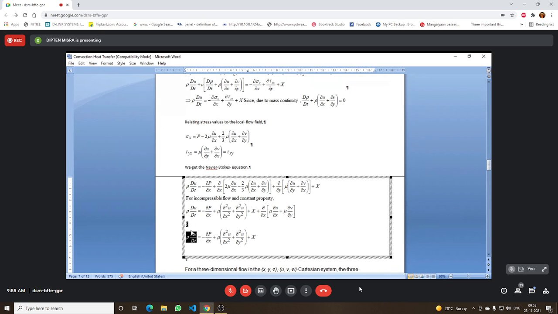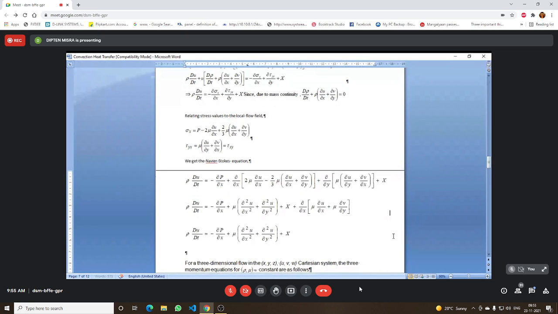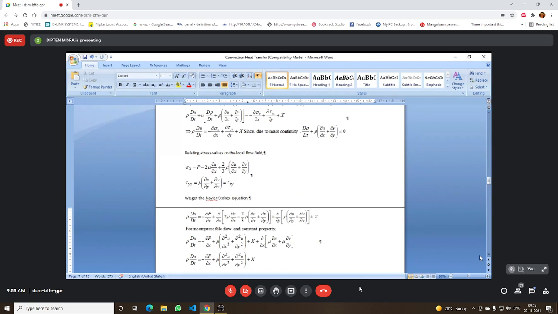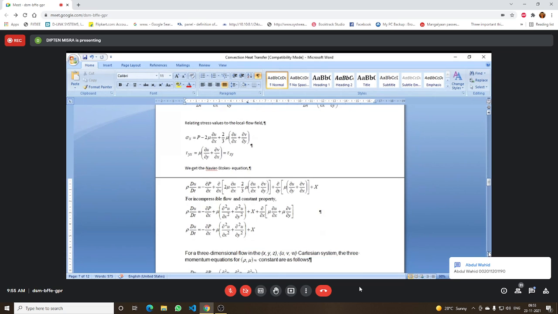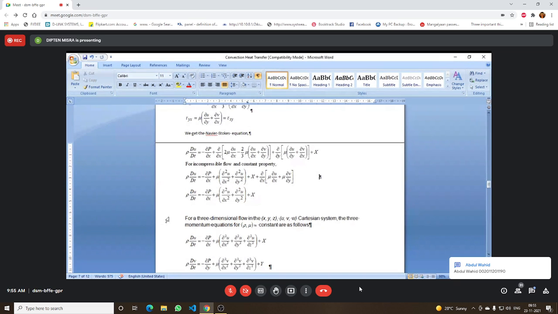Is this thing. Now this is our momentum equation along the x direction, and for a 2D flow field.